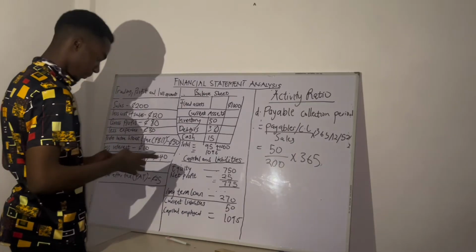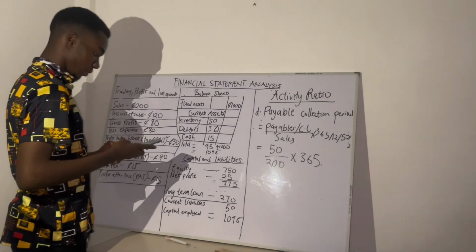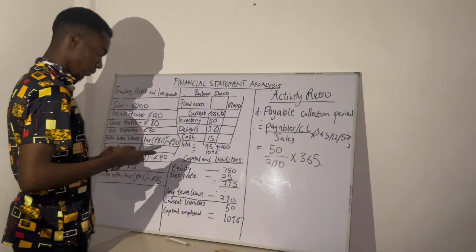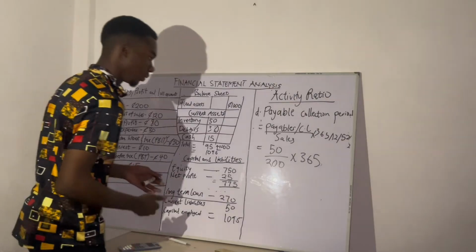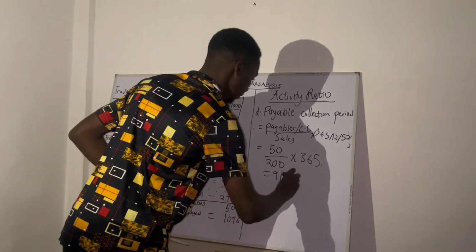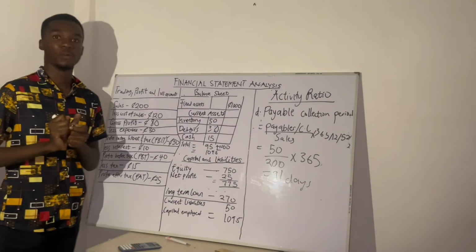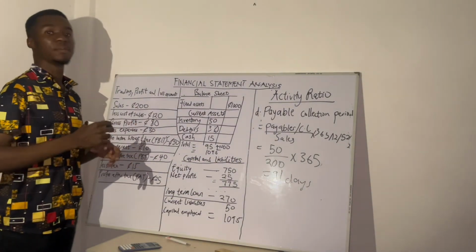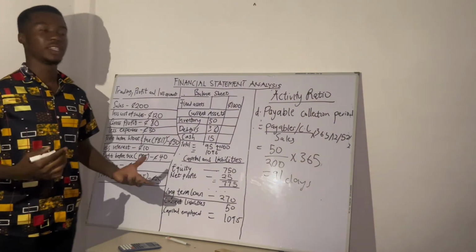So we have 50 over 200 times 365. 91.25. So you can just make it 91 days. So what this means is that when a company goes and borrows from its suppliers, it takes them a maximum of 91 days for them to pay back or for them to pay their liabilities.